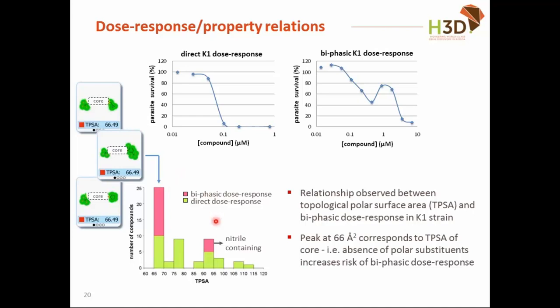Also, if we have compounds containing nitrile groups, we had biphasic curves.